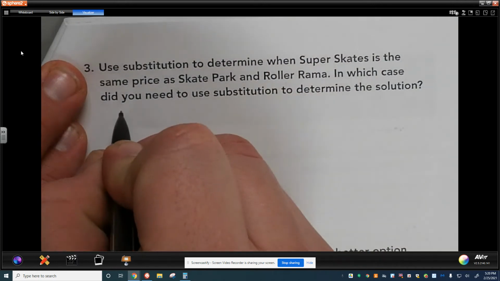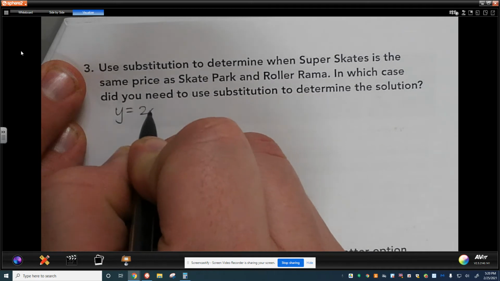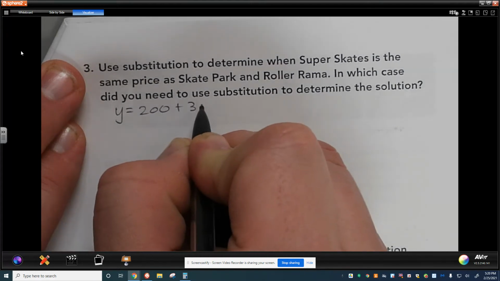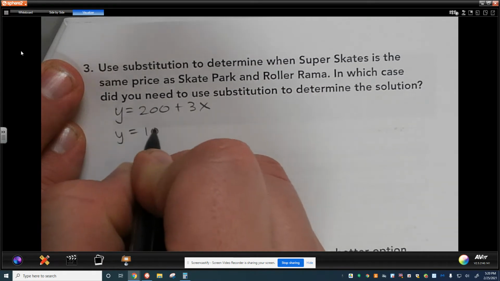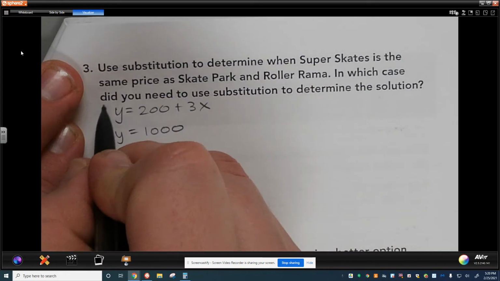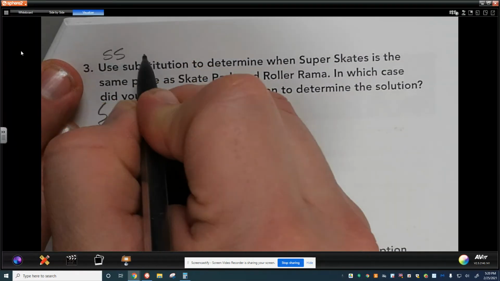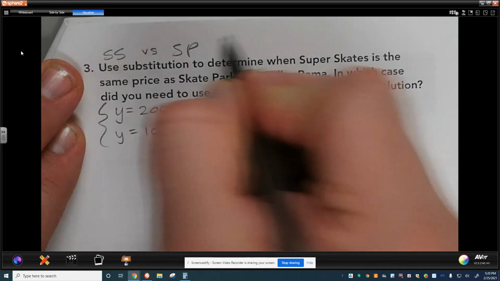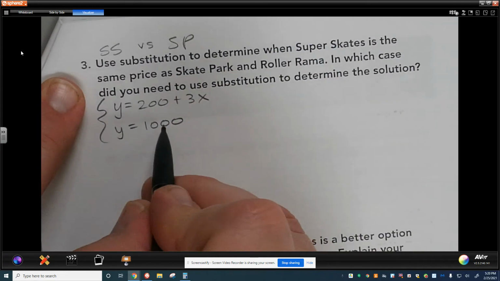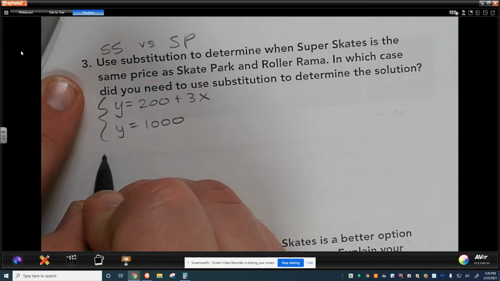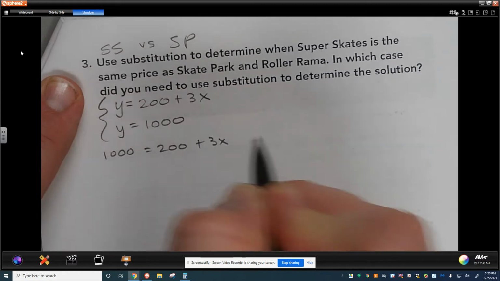Let's take a look at the equations. We have y is equal to 200 plus 3 times x. And then we have y equals 1,000. Remember this side, this is for Super Skates versus Skate Park. Under this situation, we can substitute y in for y, and we see 1,000 is equal to 200 plus 3 times x.